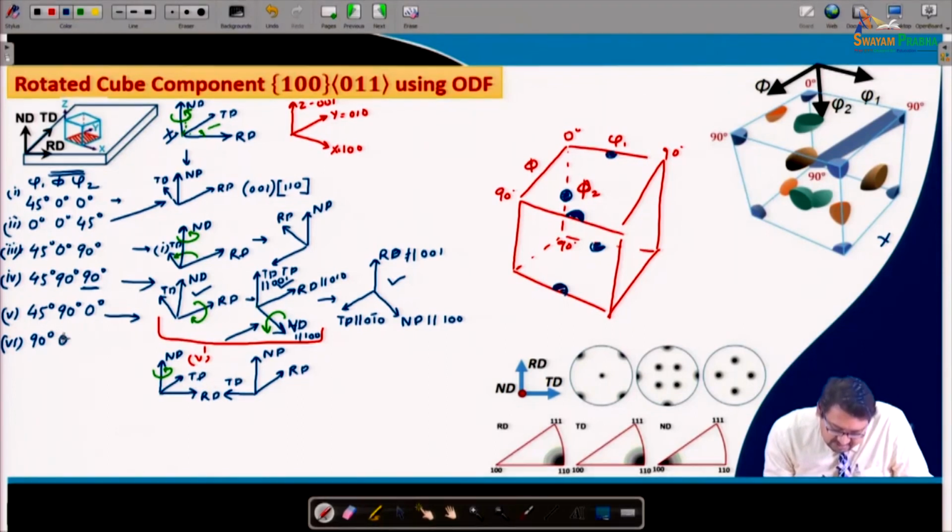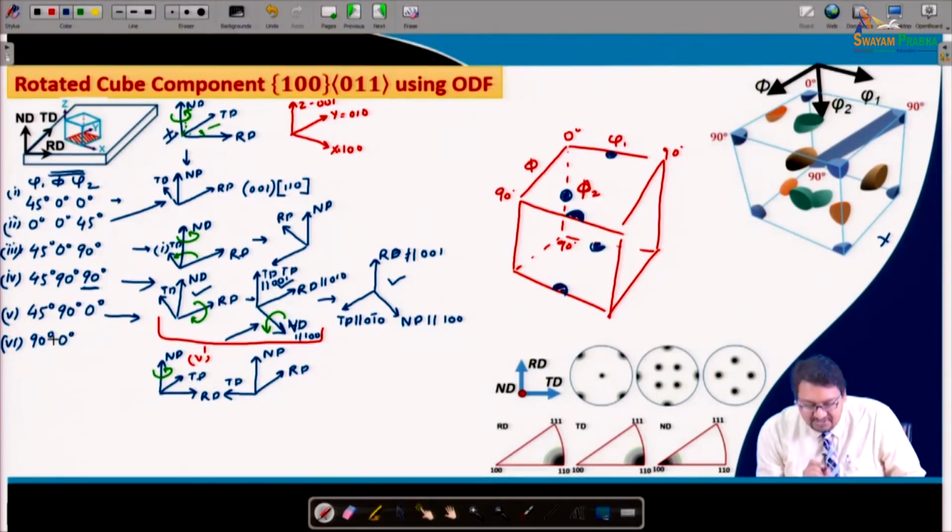Now, I cannot give any rotation along RD, because if we rotate along RD, then ND and TD cannot become anywhere near parallel to the specimen axes 100, 010, 001. So, we will not give any rotation along RD, rather we will give a rotation of 45° at phi 2 along ND.